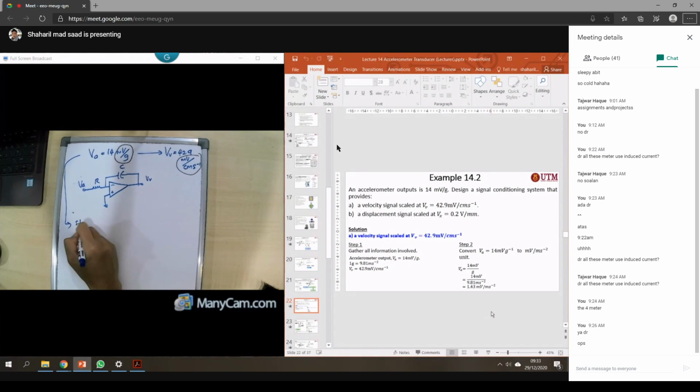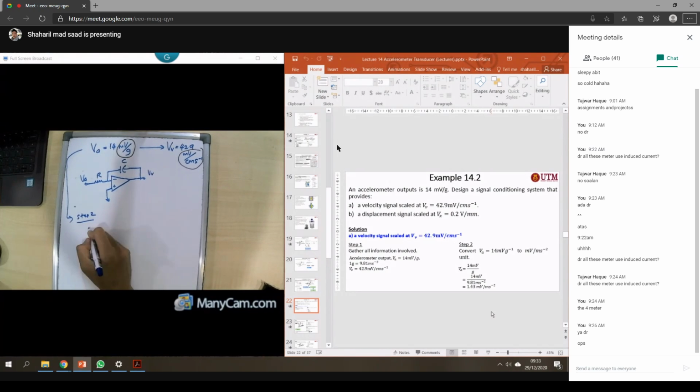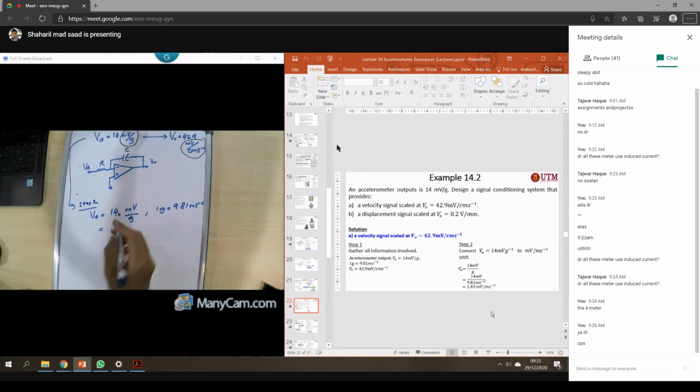Let me go through step number 2. Step number 1, you just gather all the information. Now you have VA 14 millivolt per G. Now 1G equal to 9.81 meter per second squared. So that means your 14 millivolt here, you divide by 9.81 meter per second squared.